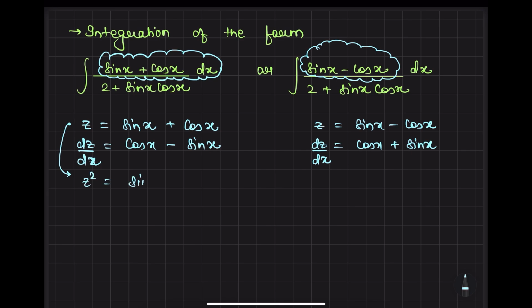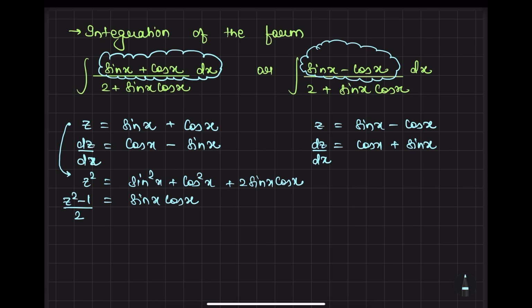So it is sin square x plus cos square x plus 2 sin x cos x. Correct? So don't you think it will become z square minus 1 by 2 for sin x and cos x together? So you will be replacing sin x cos x by using z square minus 1 by 2.